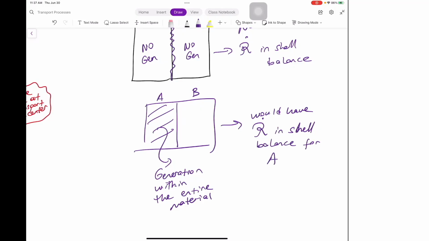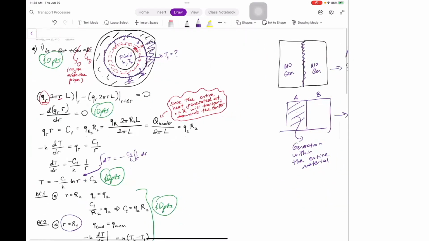For A, but not B. Okay, so that was important.